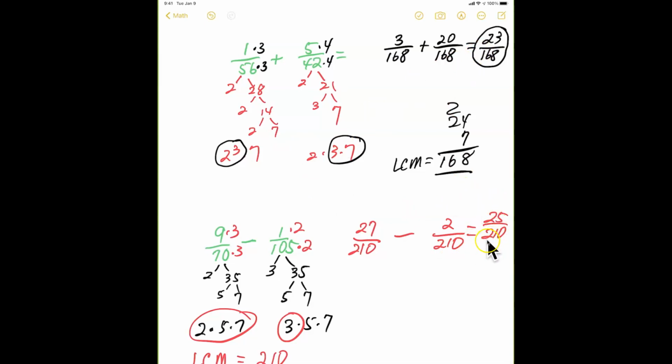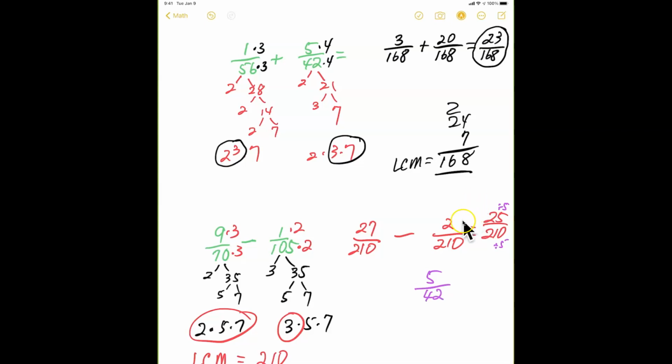So using our divisibility rules and a different color of ink, let's do purple. We're going to take out 5, divide the top and the bottom by 5. So 5 goes into 25 5 times, and 5 goes into 210 42 times. 5 over 42.